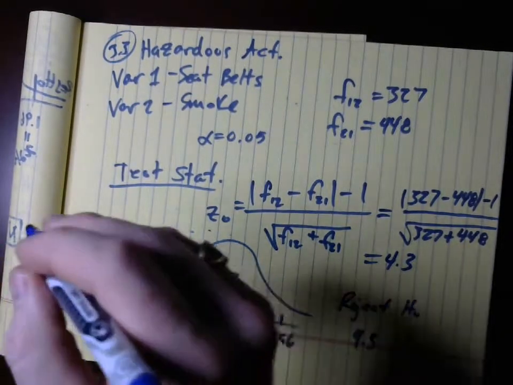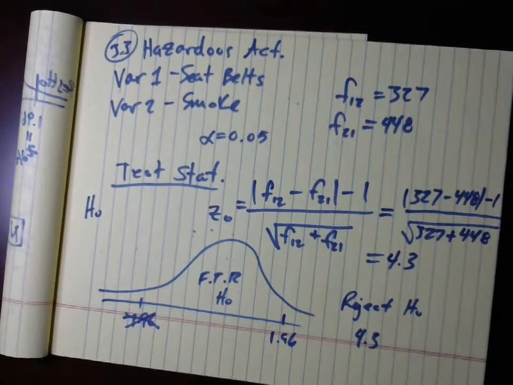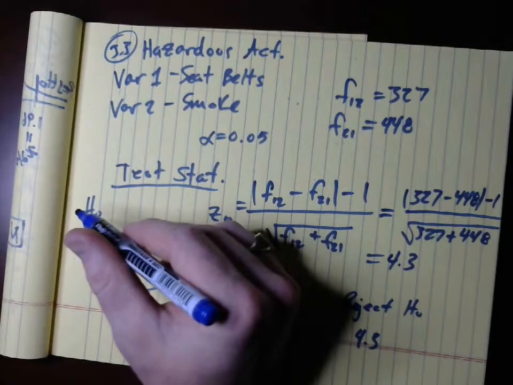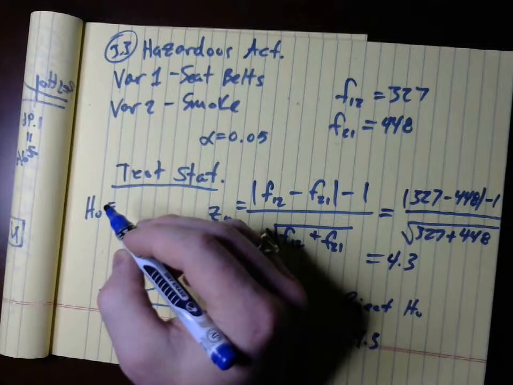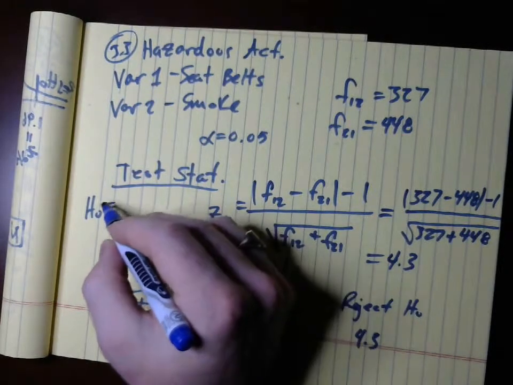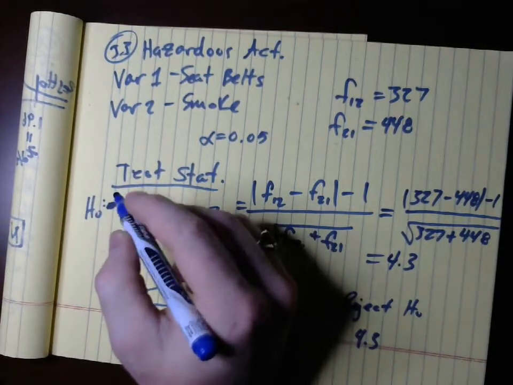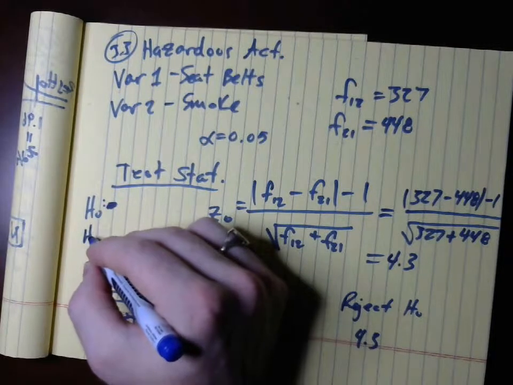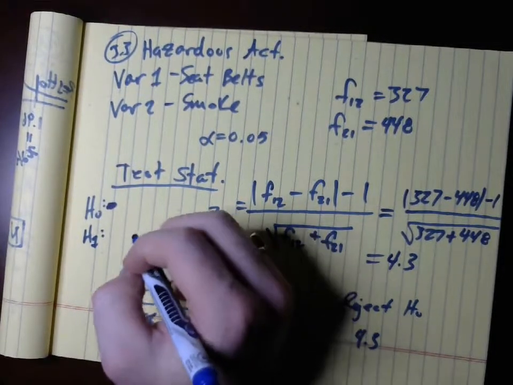I'm going out of order, an unorthodox way of doing this, but one of the first steps: we would say that the proportion between the two populations is equal, and the alternative is the proportion between the two populations is different.